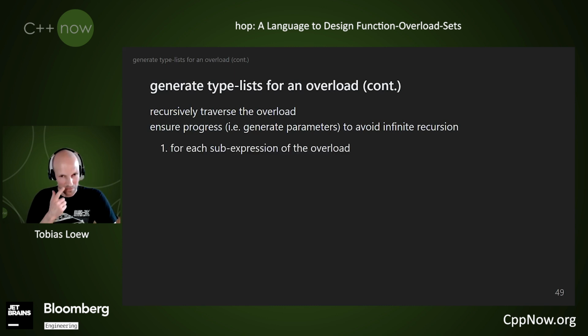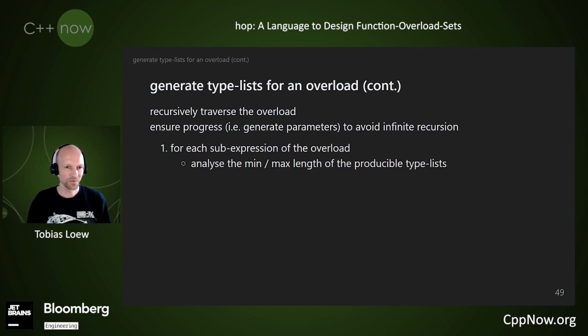So this means for each sub-expression of the overload, we have to first analyze the minimum and maximum length of the type list that can be produced from that sub-expression. And we do this recursively and put it back together. And then for each sub-expression, we know the minimum and maximum number of parameters that can be produced from that sub-expression.